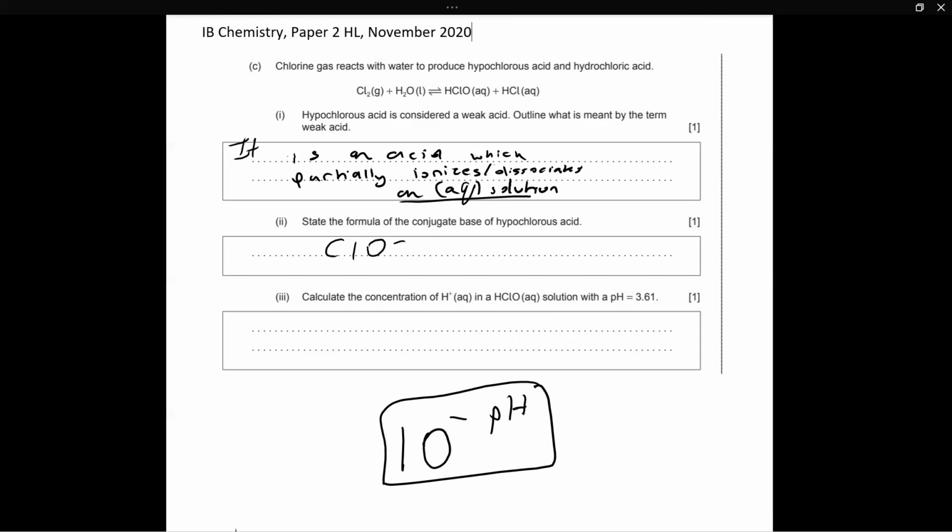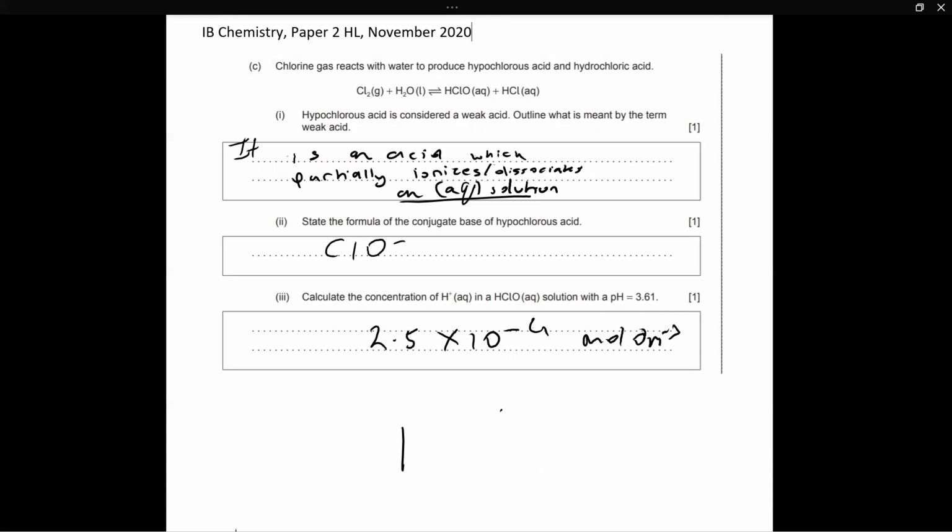In this case, it will be 10 to the power of negative 3.61. And this gives us an answer of 2.5 times 10 to the negative 4 mol dm−3. Never forget the units, please. That'll be a very silly way to lose marks.